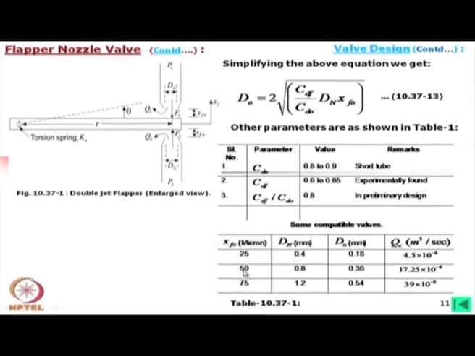So if it is 50 micron, then this is 0.8 and this is 0.36 and 17.25 cc, and if it is 75 micron, then 1.2, 0.54, and this is 39. This is to have an idea of what the usual flow is. Say, you can consider this is perhaps for the direct valve, and this is maybe for the pilot stage, and this might be for the pilot stage of a very big valve.